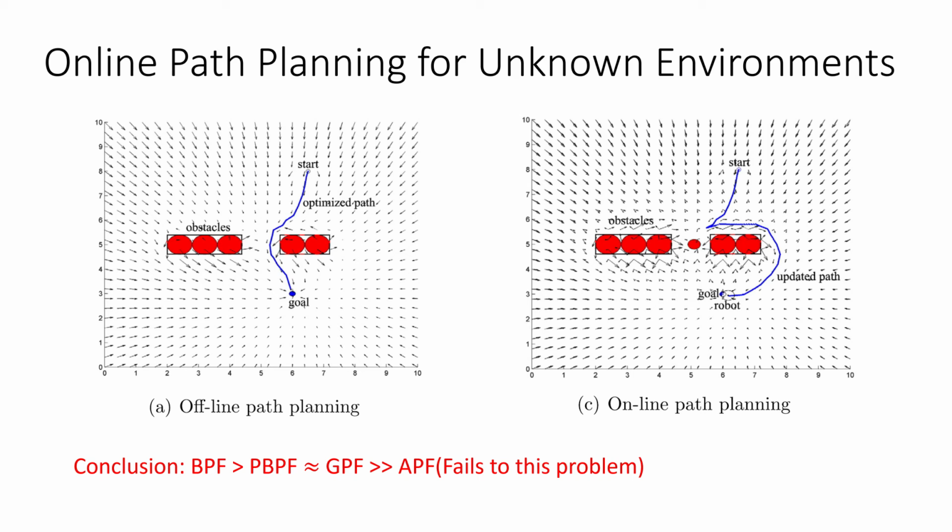The fourth and fifth problems are both about the dynamic environment problem, which cannot be solved by APF because it is only applicable to static environments. Actually, the first picture is offline path planning, and the second one is online path planning.